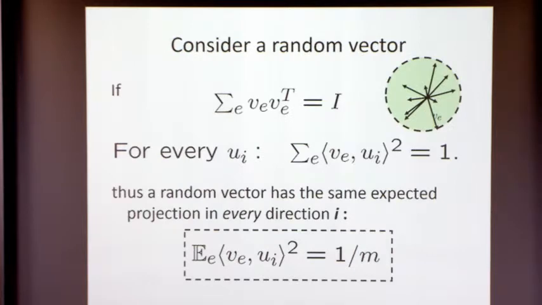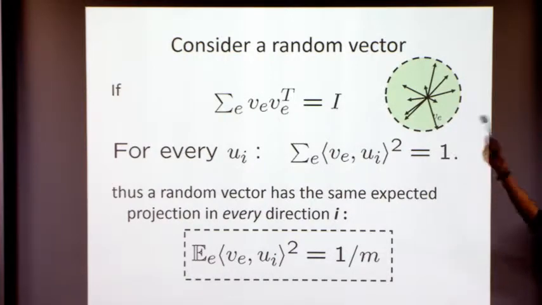Okay, so the reason I am belaboring this particular case is that it is related to what happens in our actual situation. So remember the setup. The input to our problem is these vectors v_e, which originally came from edges of a graph, such that the sum of their outer products is equal to the identity. Another way of saying that is that for any eigenvector u_i of any matrix, the sum of squared projections is equal to 1.